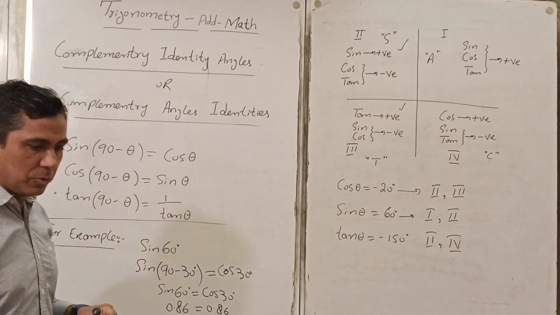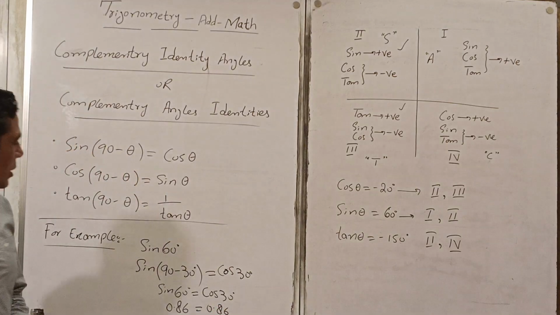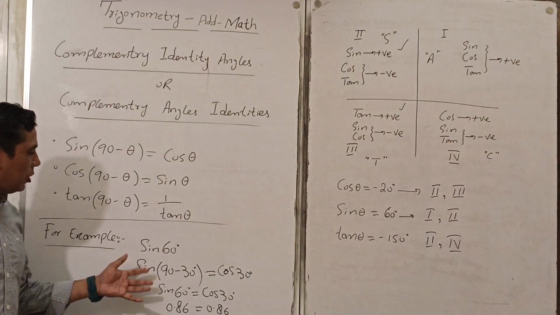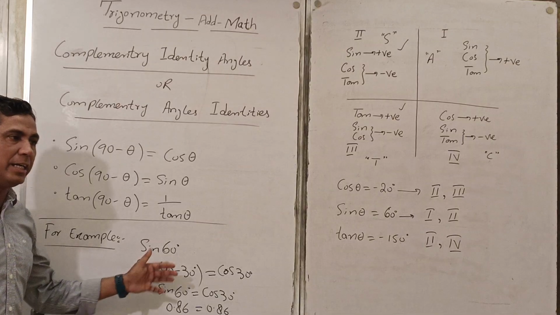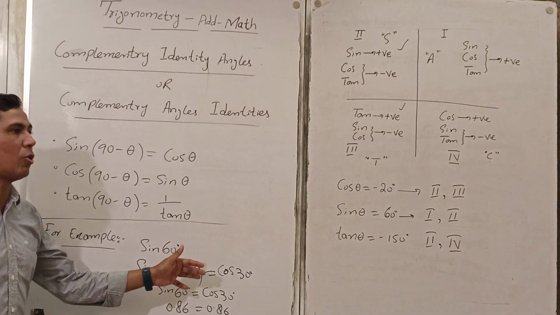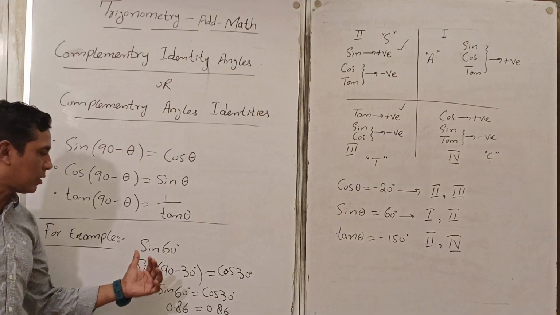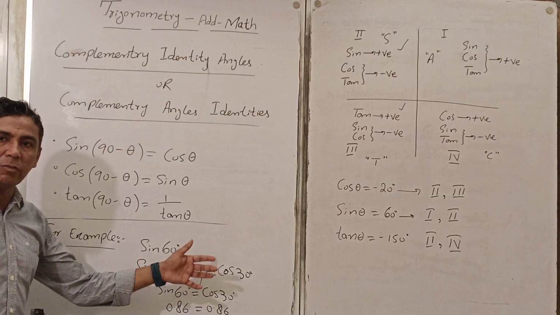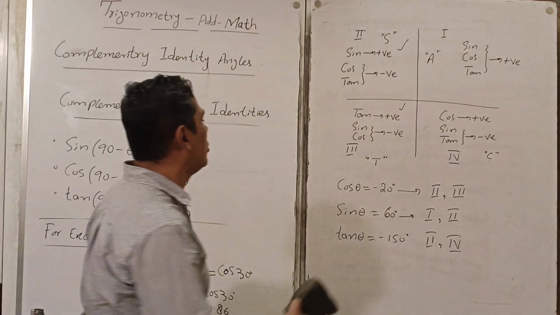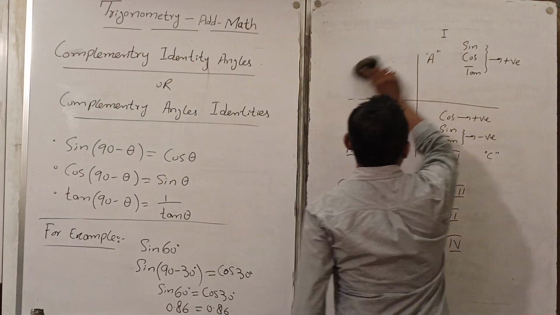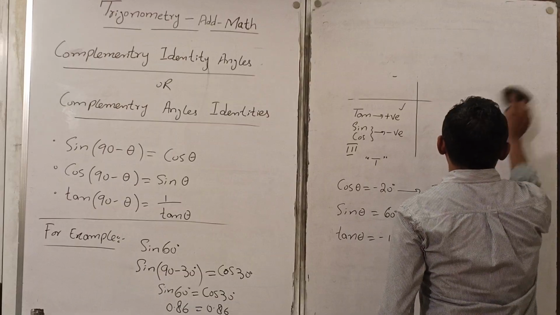So what does it mean? Any angle subtracted from 90 degrees: if it is sin(90 minus theta), that will equal cos theta. Similarly, if it is cos(90 minus theta), that will equal sin theta.